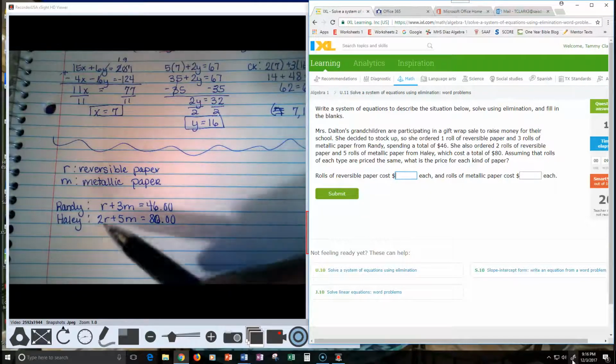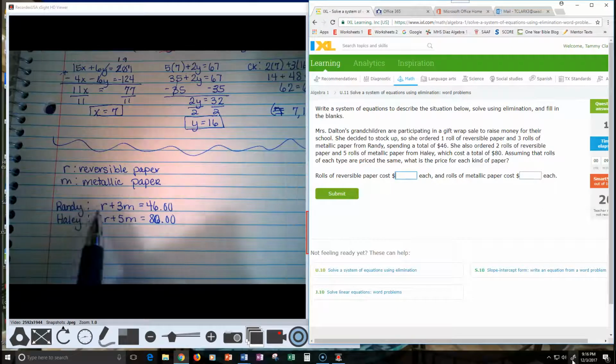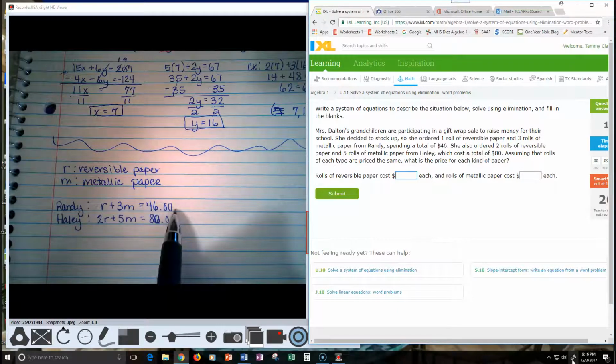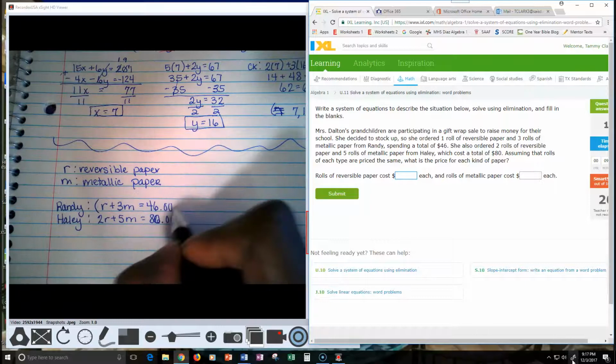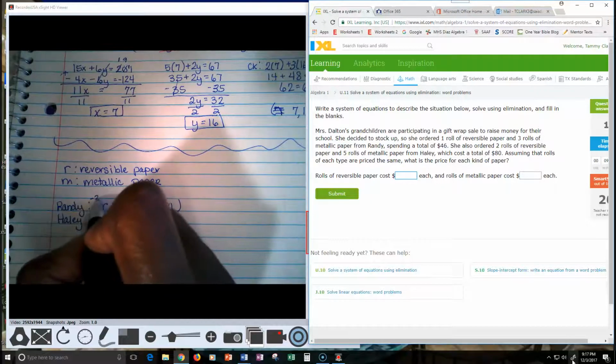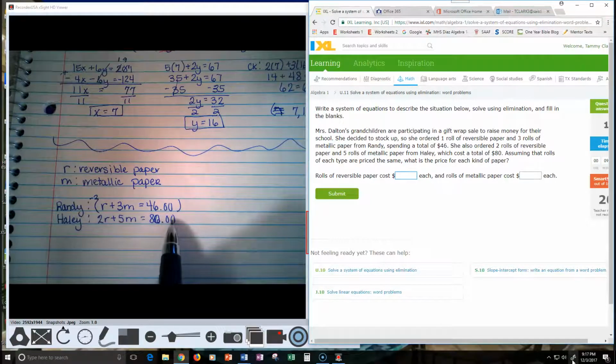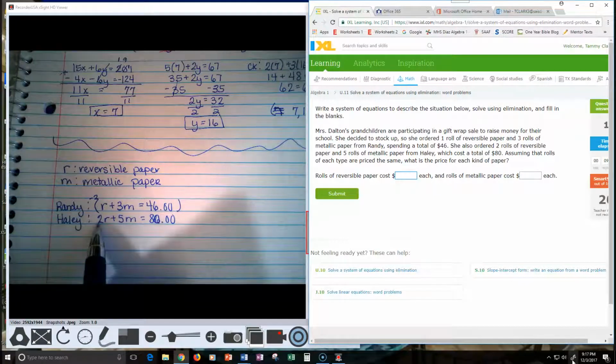They seem the easiest to do. So in order to eliminate the r's, I need to have a 2. So that would mean I'd have to multiply this entire equation by 2, and I need opposite signs, so I'm going to have to multiply by -2. Now I'm not going to do anything to this equation because I already have a 2 here.